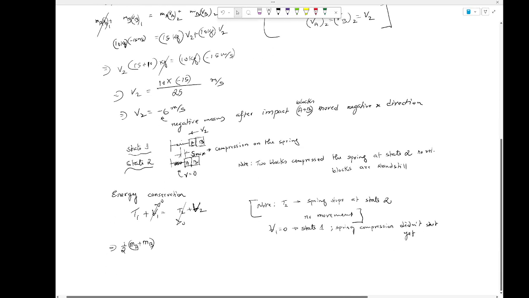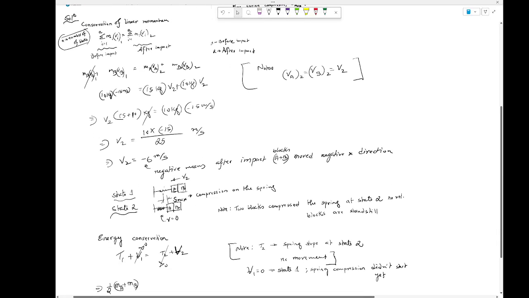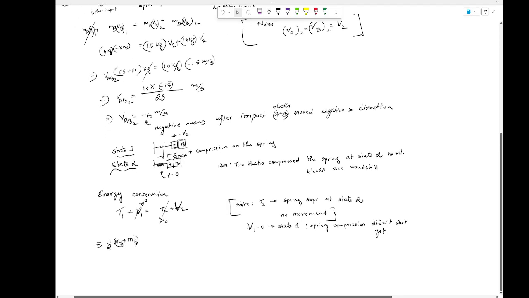This could be confusing at state 1, so maybe you can write this one as VAB2. That way there won't be any confusion, right? AB is both blocks together now, right? Hopefully you understand it now, right, Joe?